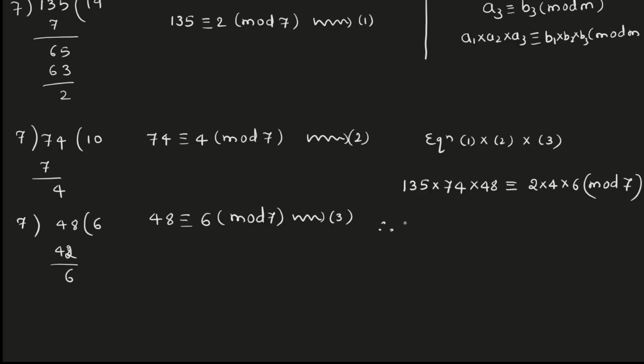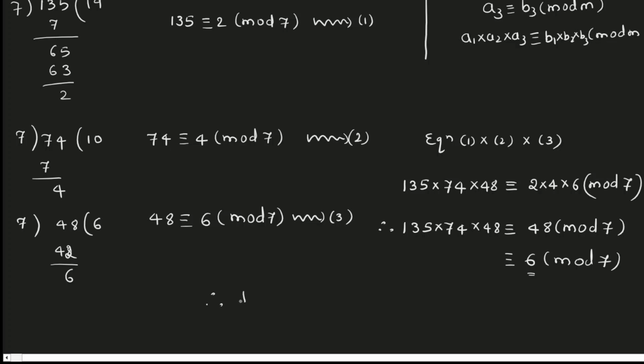So, therefore, 135 into 74 into 48 is congruent to 2 into 4 into 6, which is 48 mod 7. Already you know 48 mod 7 is congruent to 6 mod 7. They asked you to find the remainder, so this will be your remainder.